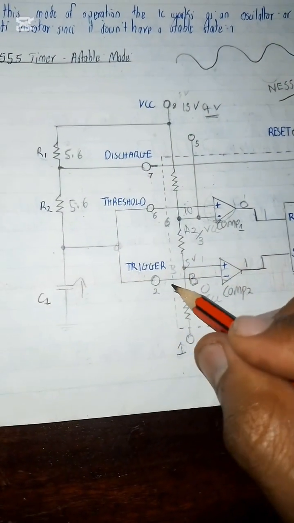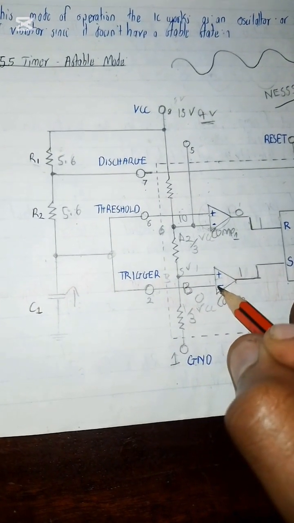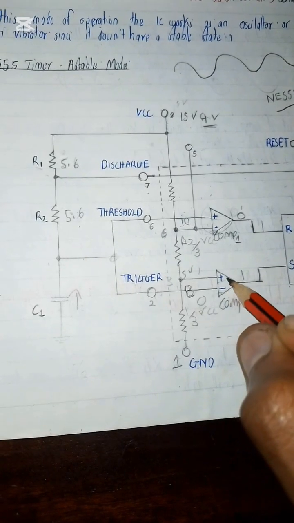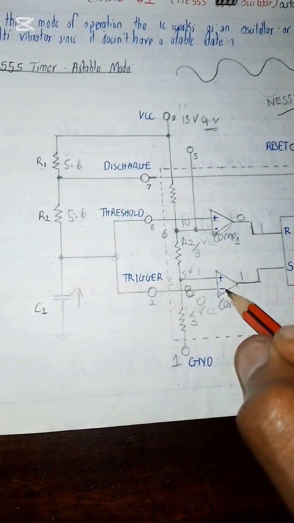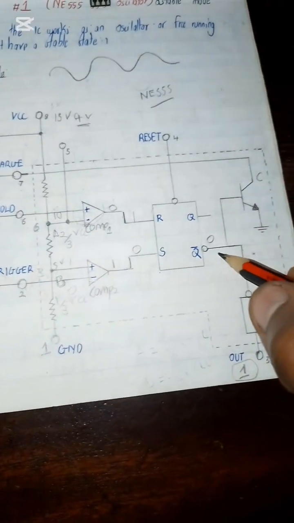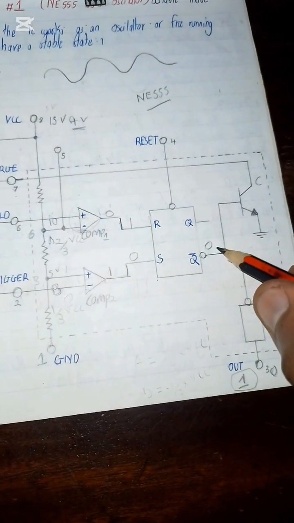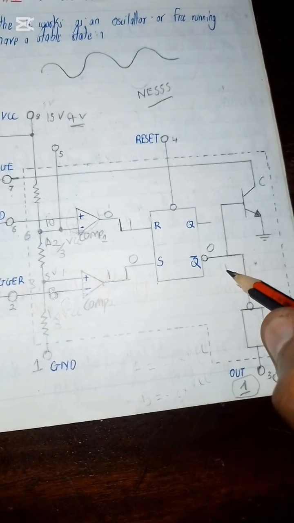Also, since it's greater than 2/3 of VCC, this inverting input will be greater than the non-inverting, meaning that this comparator will give a 0 output. That 0 is going to come inverted to be a 1 output.